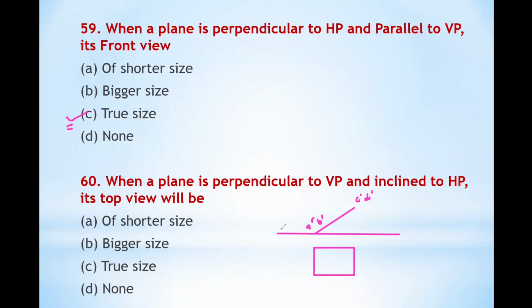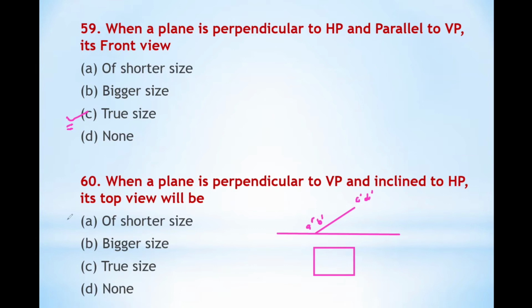As per our conclusion, if any edge view is parallel to XY, then the next view gives the true shape. It's not so here, so the top view will not give the true shape; it will definitely give the apparent shape of this plane. I have considered this plane as a rectangular one.